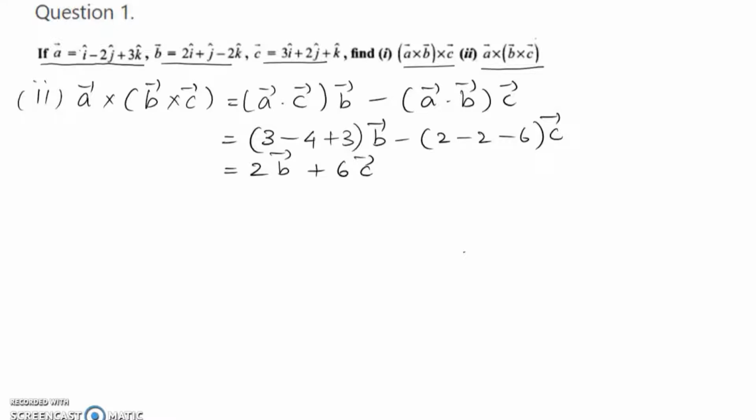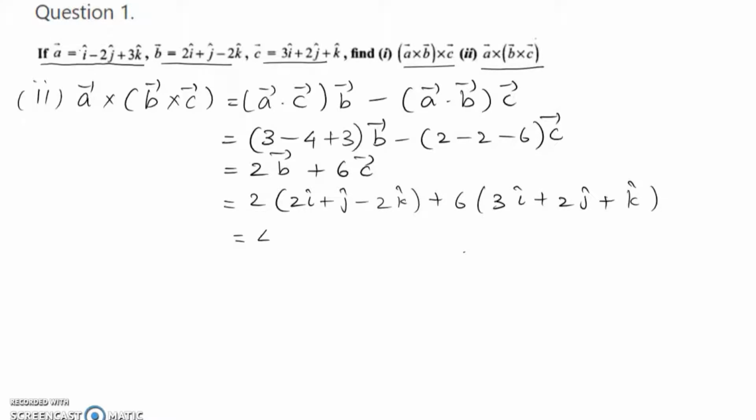Okay, now substituting the values of vector B and C, 2 times i cap plus j cap minus 2 k cap, plus 6 times 3 i cap plus 2 j cap plus k cap.